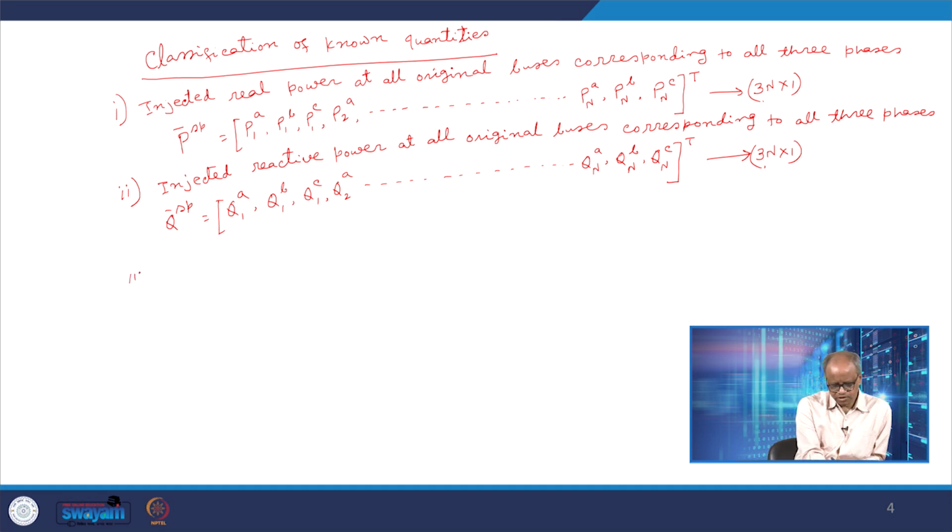The third classification, as we said, is the generated power by m minus 1 generators.